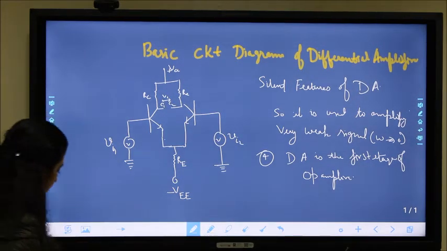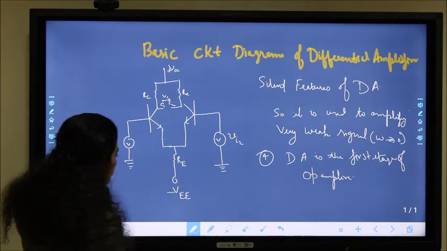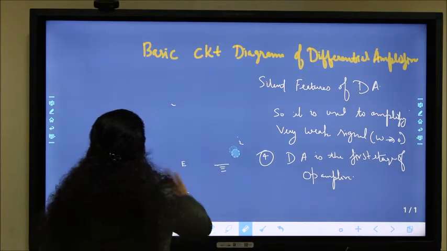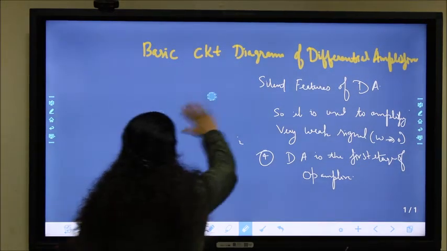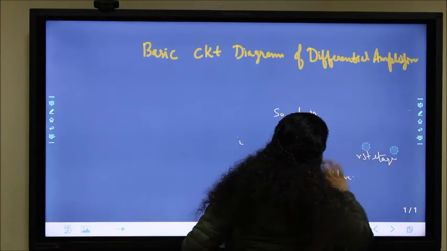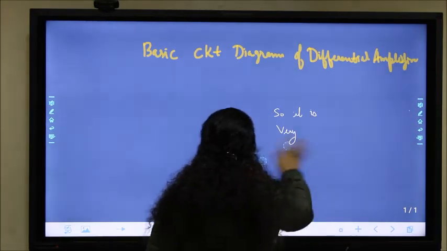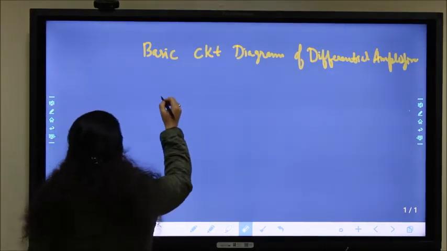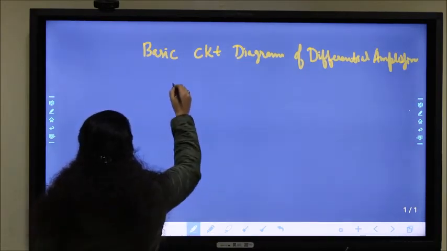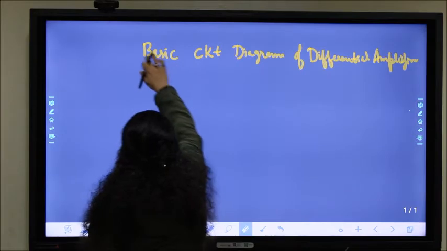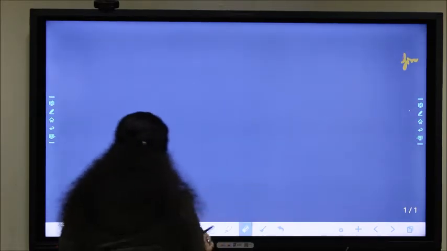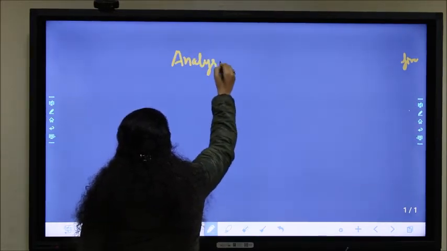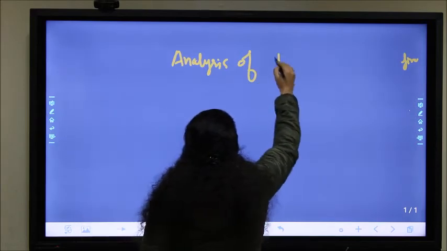So now we will discuss the analysis of the differential amplifier.